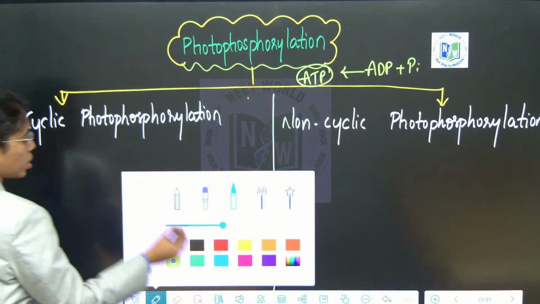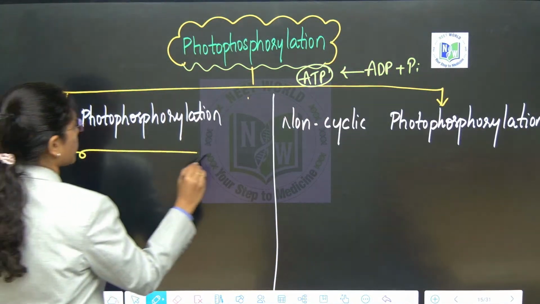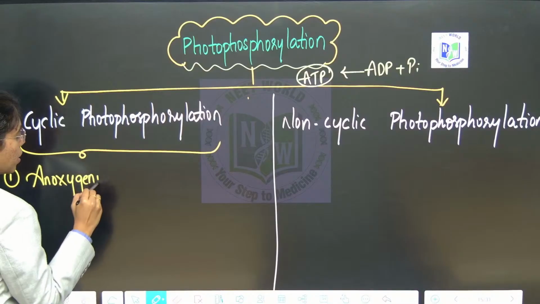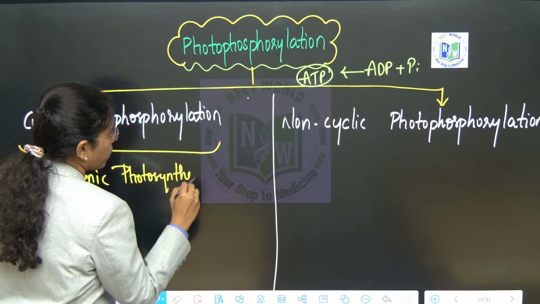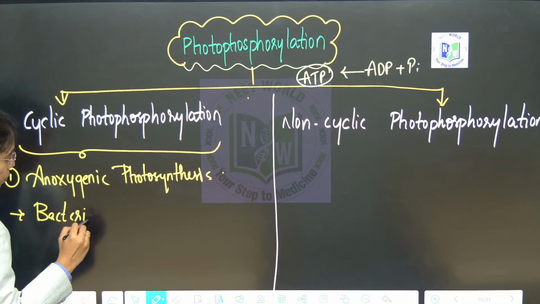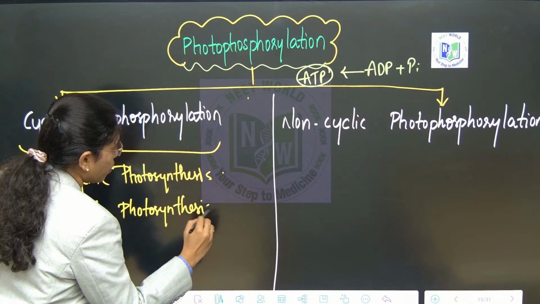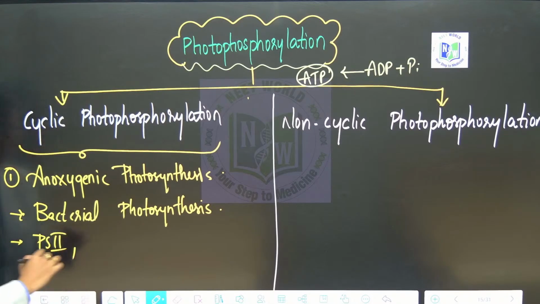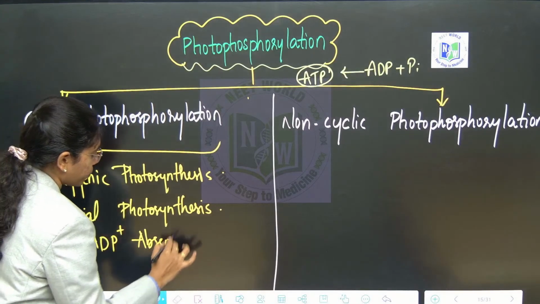Cyclic photophosphorylation is operated in bacterial photosynthesis or anoxygenic photosynthesis, where photosystem 2 and NADP plus are absent.